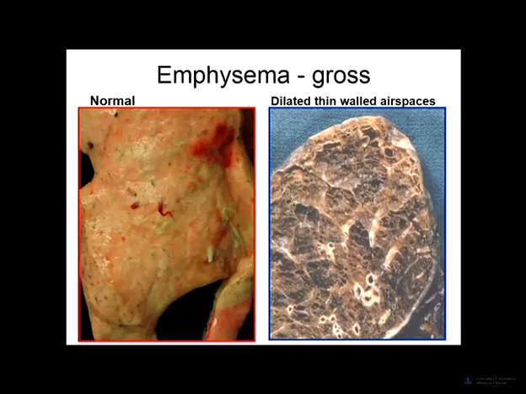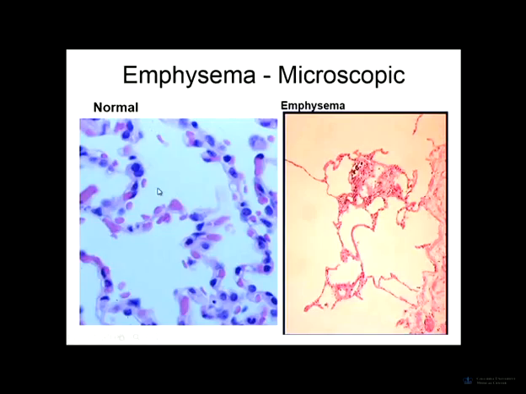Okay? So in the gross appearance of emphysema, again, I emphasize that you do not see alveolar spaces in a normal lung at arm's length. In emphysema, the alveolar spaces or the dilatations are quite dramatic. And you can see them here, a case of central lobular or centriacinar emphysema with worse disease in the upper lobes. Histologically, it's really hard to tell the difference between an alveolar sac, an alveolar duct, and a respiratory bronchiole.